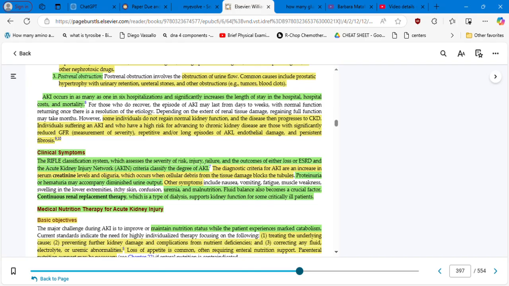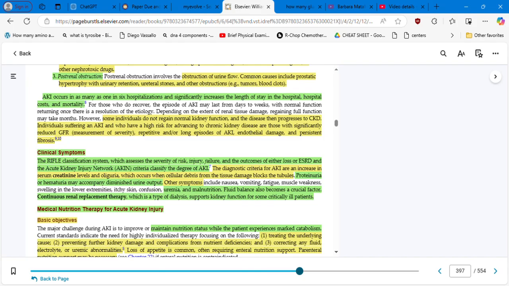We know oliguria is a reduced amount of urine, which occurs when cellular debris from the tissue damage blocks the tubules. So that is the diagnostic criteria: increase in creatinine and oliguria, happening when the cellular debris from the tissue damage blocks the tubules.